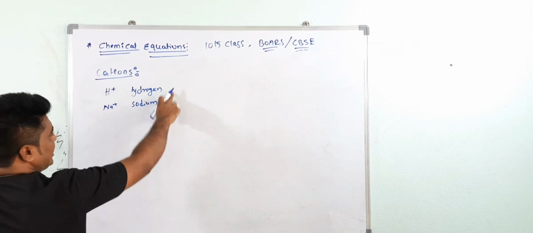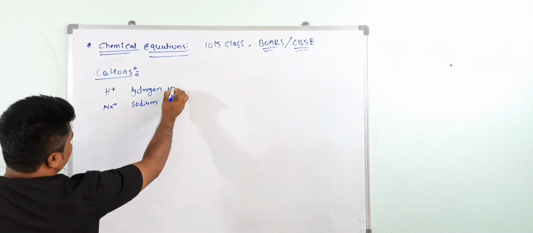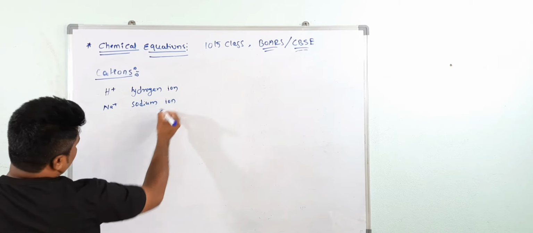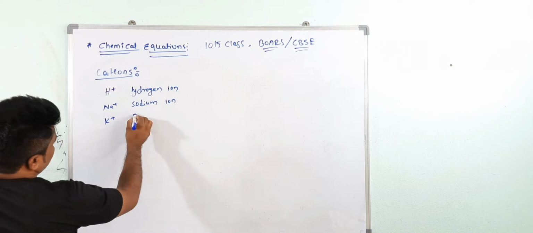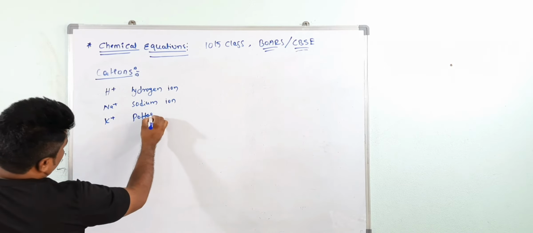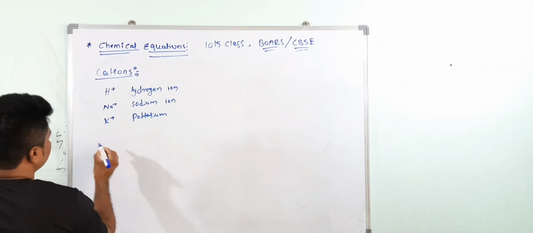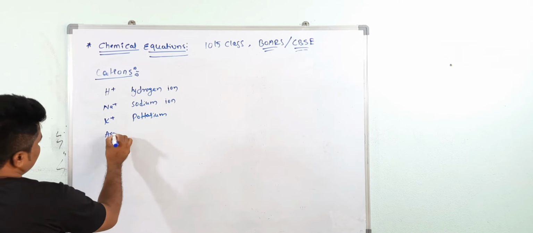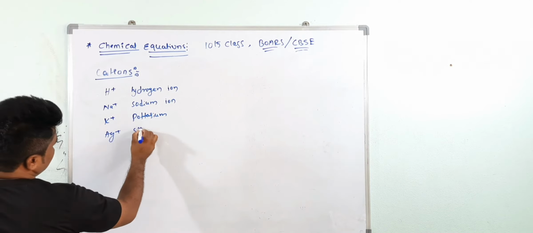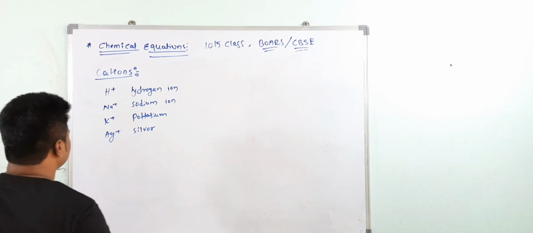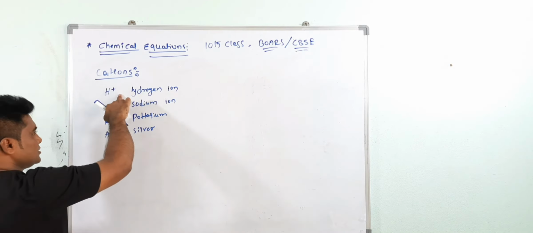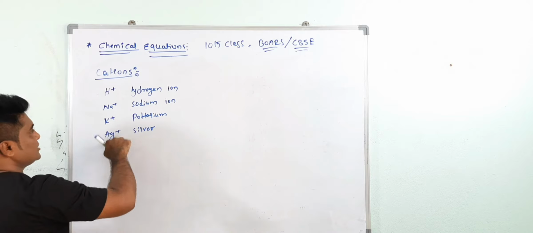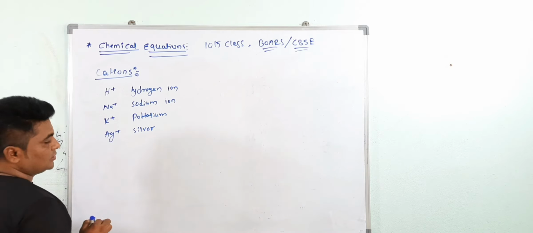Then K+, potassium ion, and Ag+, silver ion. All of these have a net single positive charge.